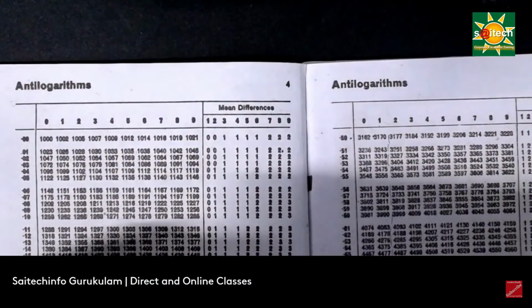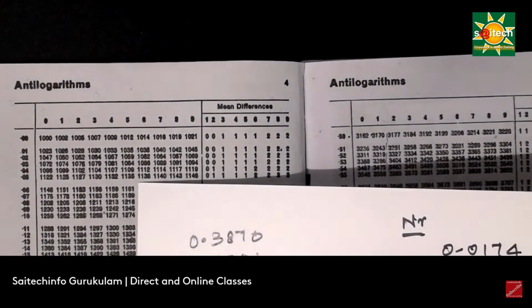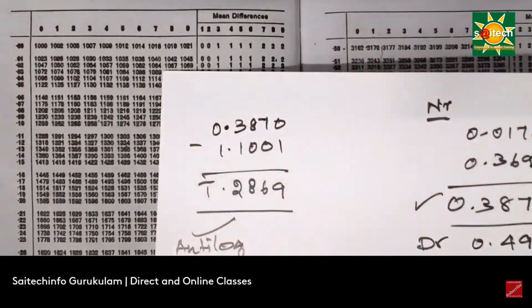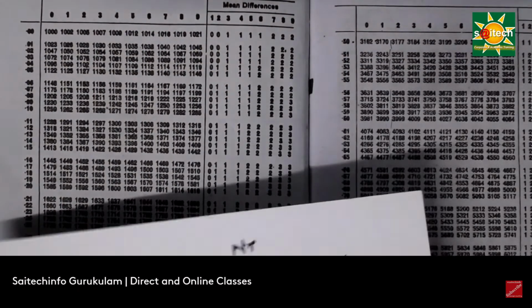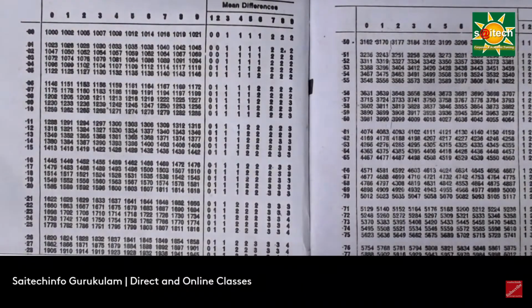So antilog. You have got 2869. You have to consider only the decimal part, that is the mantissa part. So 0.28 means 0.28. Where is 0.28? Let us consider 0.28. It's here. Okay. So 0.28 and now 69.